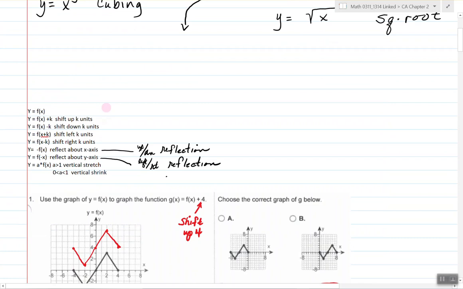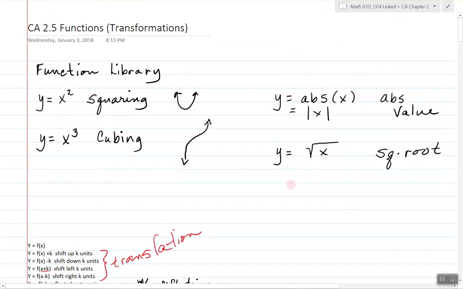All of these were some kind of a translation. Sorry about the messiness. It's the way I'm having to hold my pen right now. And then these are stretches and shrinks. So refer to this video if you need to, and I hope you have fun working on transformations.